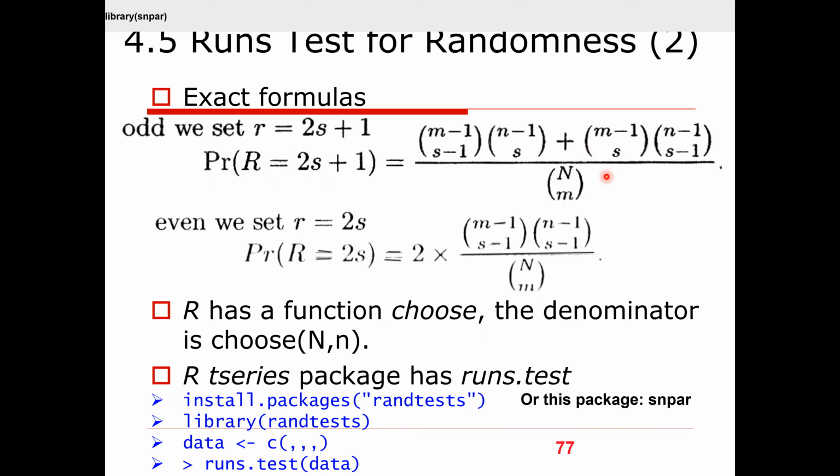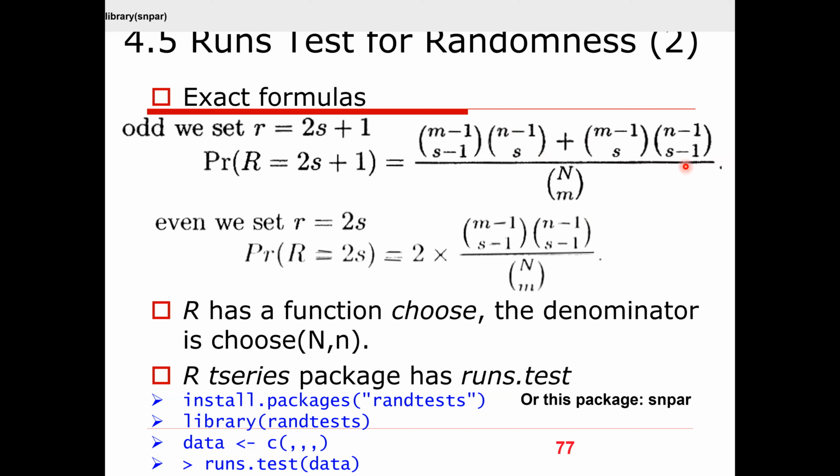The meaning is, from N trials, we select m getting heads. And from the heads, stop to get a tail is this much combination. From the tails, stop to get a head is this much combination. So we add them up. So there are this much combination of having r runs in a sample.